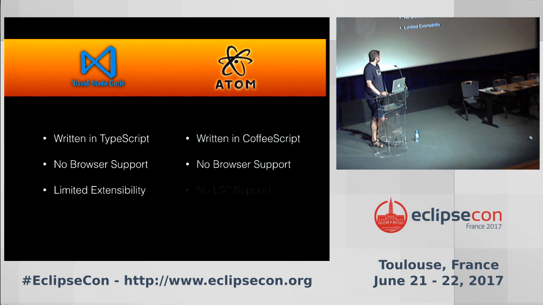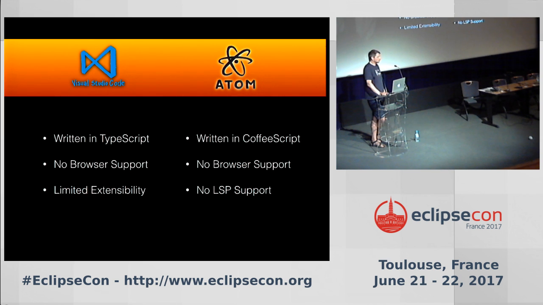Atom is written in CoffeeScript, which might have been nice a couple of years ago, but it's also not statically typed. It also doesn't work in the browser. That is the main reason why Electron was developed in the first place. It doesn't have language server protocol support. There is a plugin being worked on for that.